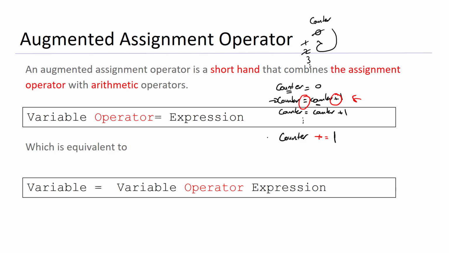So this statement gives you the same result as that statement. Basically, take 1 and add it to counter. So these two are semantically equivalent.